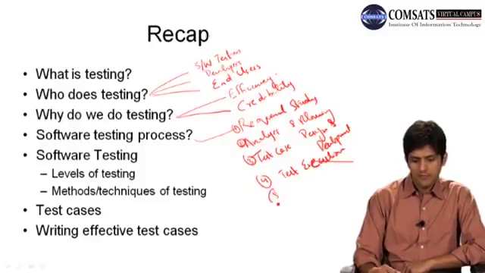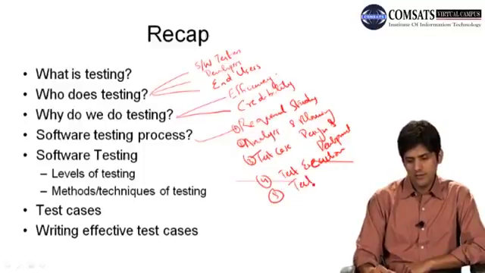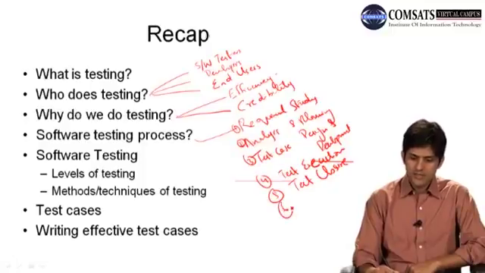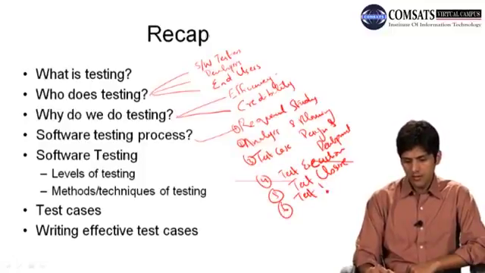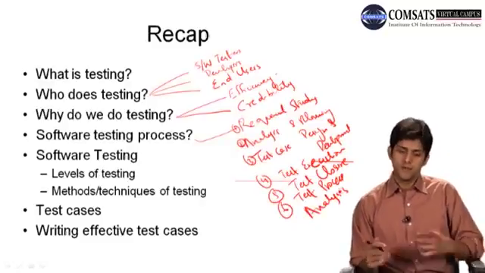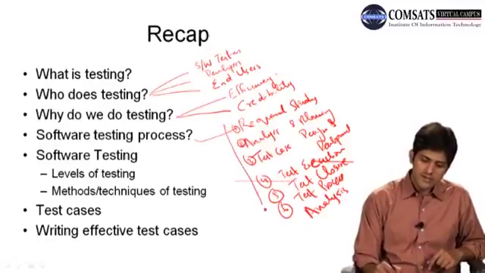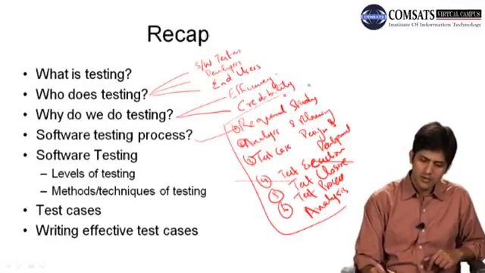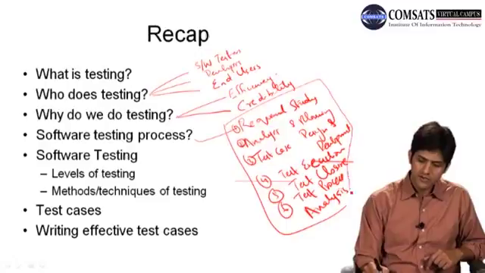Number 5 is test closure, and number 6 is test process analysis. So these are the 6 steps of the software testing process.